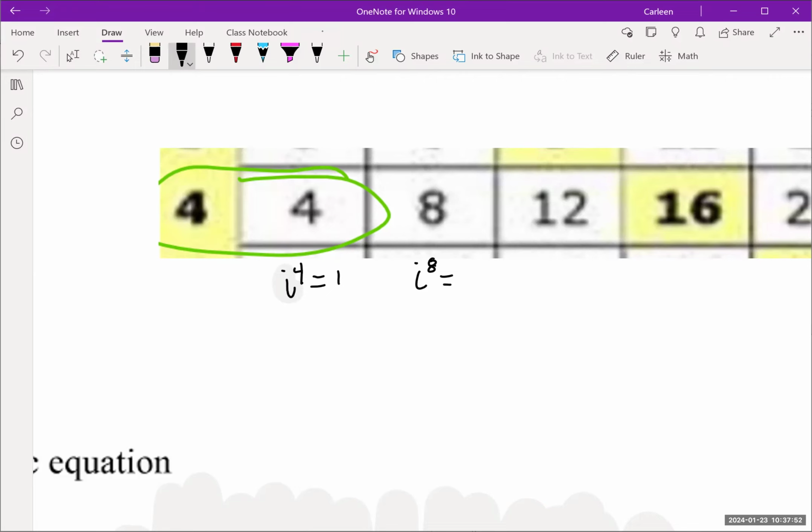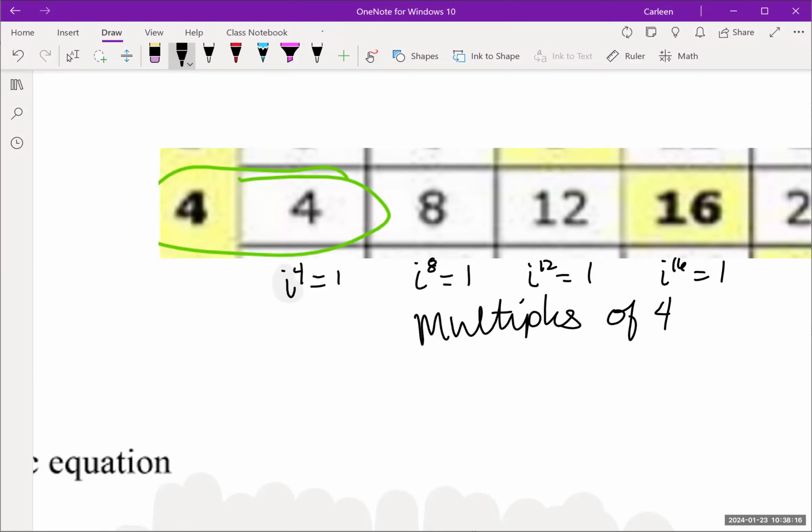There we go. Thank you. i to the eighth will equal 1. i to the 12th will equal 1. i to the 16th will equal 1. So how do we know what exponent on an i makes it equal to 1? These are multiples of 4.